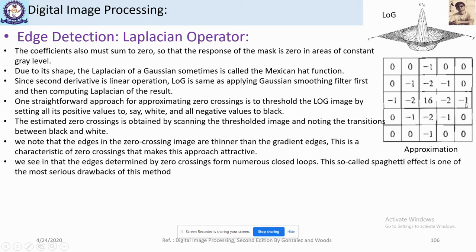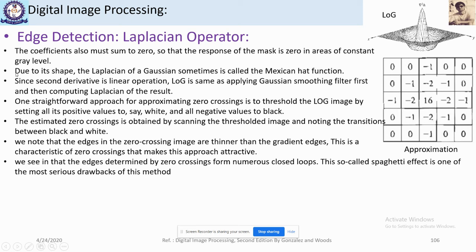So the total will be equal to 0. By doing so, we achieve a zero response in the area where the gray level is constant. So if all the pixel values are constant in this subimage of an image, then its response will be equal to 0, because the sum of all these coefficients is 0.